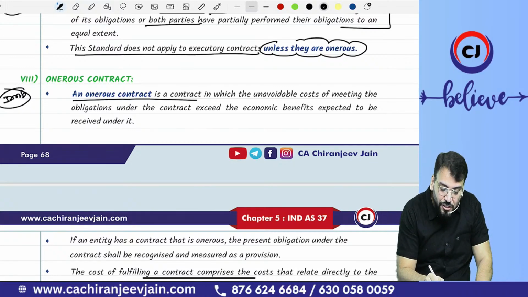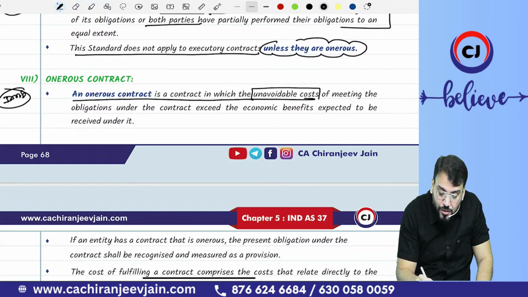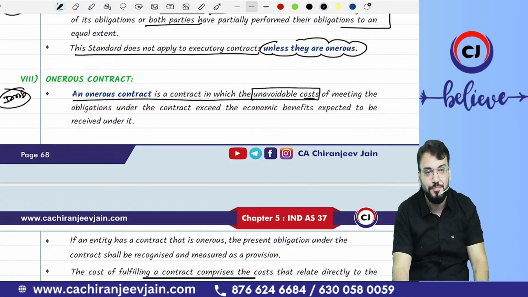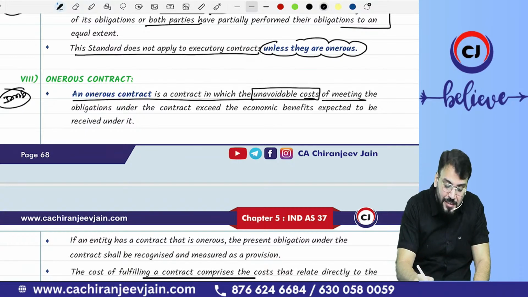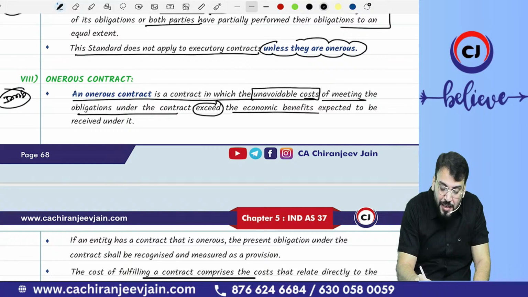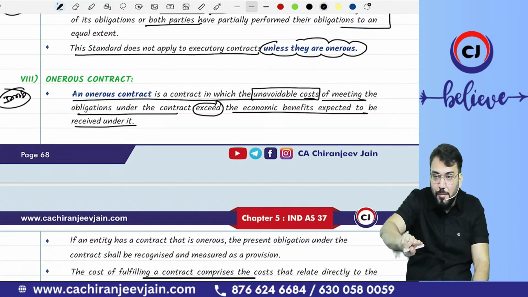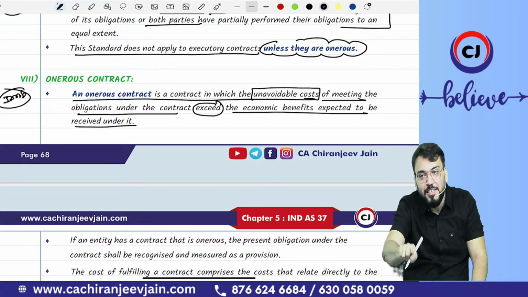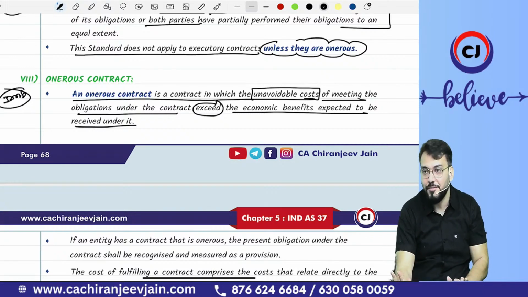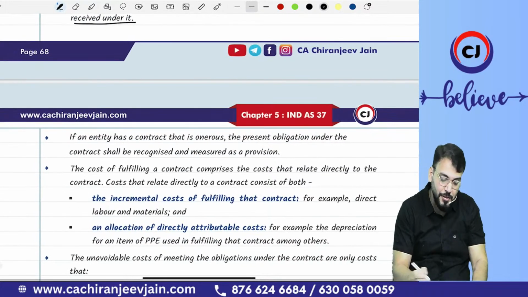An onerous contract is a contract in which the unavoidable cost, the cost which cannot be avoided, of meeting the obligation under the contract exceeds the economic benefit expected to be received under it. Unavoidable cost is more than the expected benefit under that contract. Meaning is very simple.